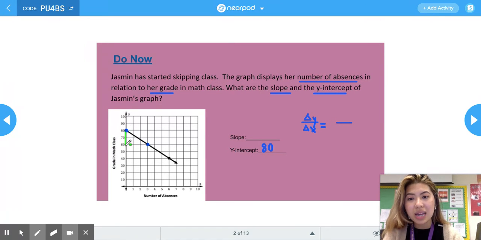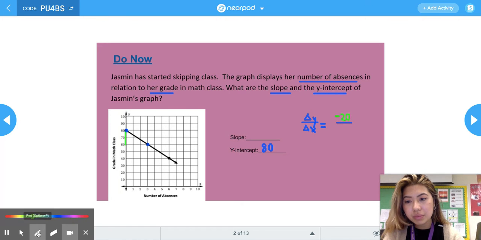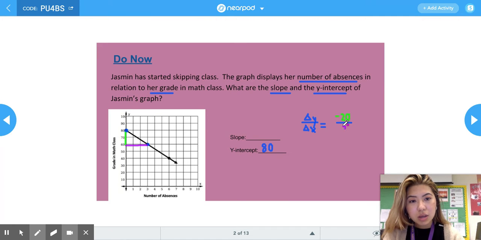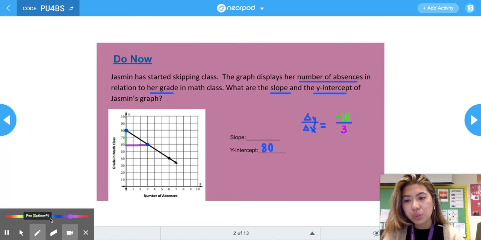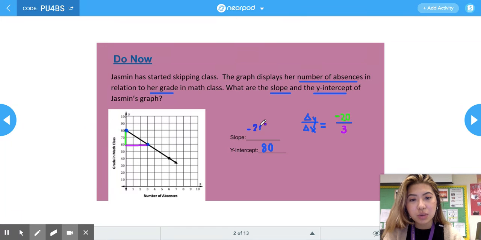In this case, we went down, so I know that our slope is going to be negative, and 80 minus 60 is 20, so our change in y is negative 20. And then our change in x is 1, 2, 3, so our slope is negative 20 over 3. If we wanted to, we could also write this as a decimal, so we just divide negative 20 divided by positive 3.